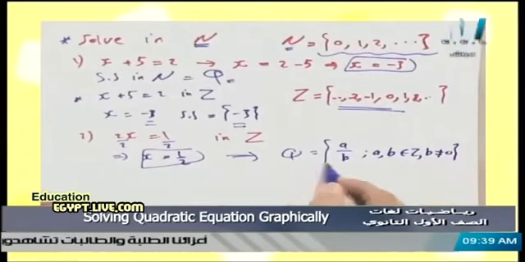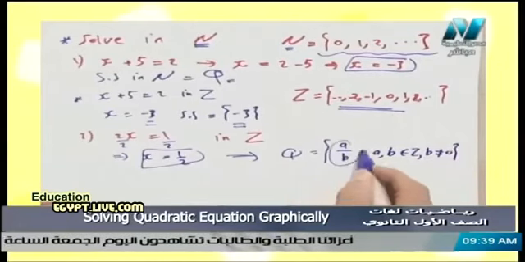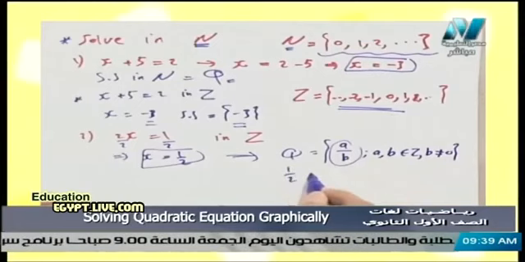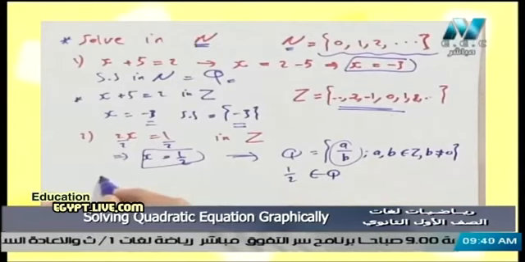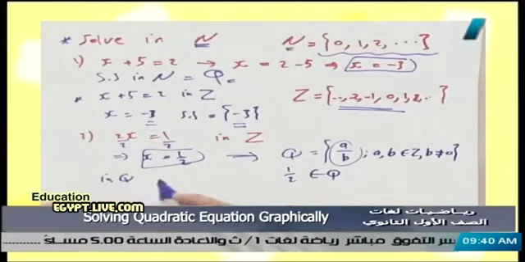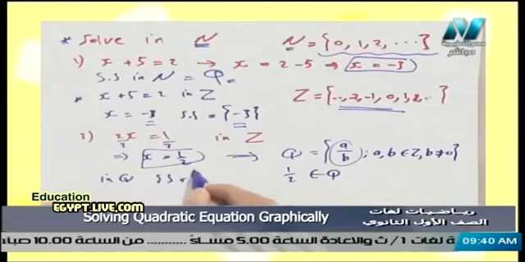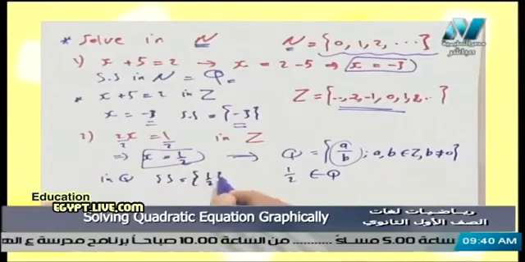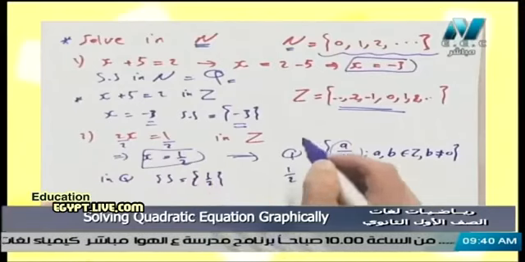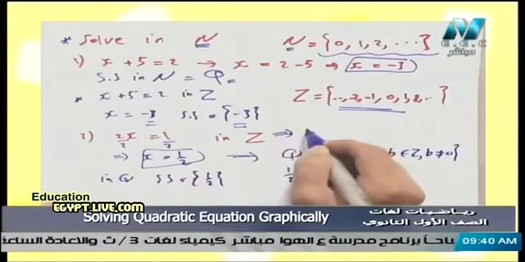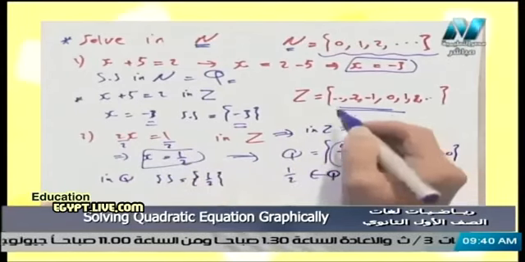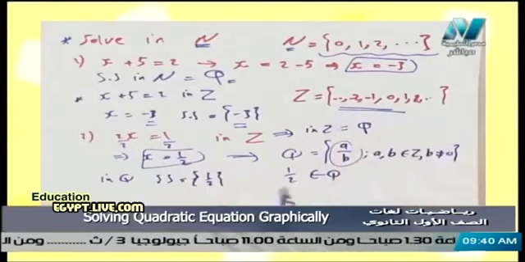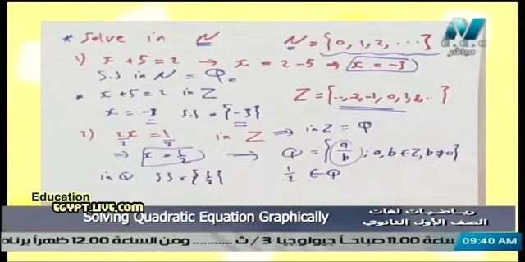Okay, so any fraction or decimal belongs to Q. So half belongs to Q. So if he asks me to solve in Q, the solution set here will be half. But in Z it will be empty, because half doesn't exist in Z. And so on, until we have Q dash.